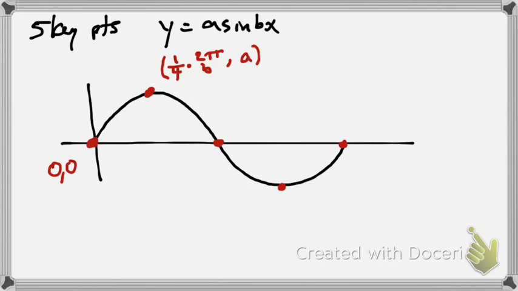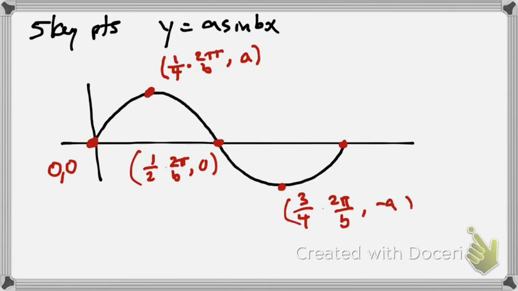The one in the middle is going to be 1/2 times 2 pi over b, comma, 0. The one at the very bottom is going to be 3/4 times 2 pi over b, comma, negative a. And the point at the very end is going to be 2 pi over b, comma, 0.